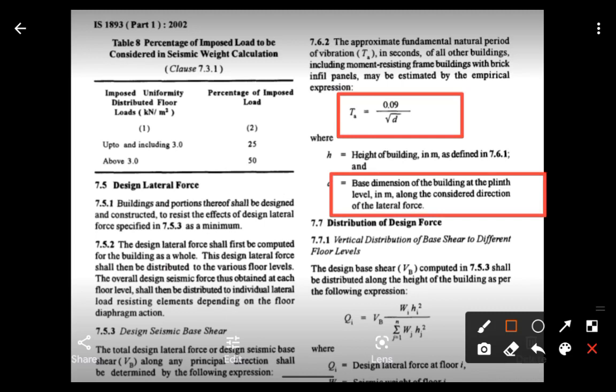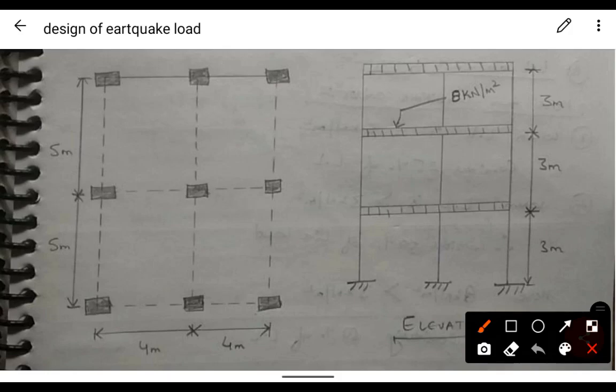As per the plan which I have already shown you in the question, this is the longitudinal direction and this is the lateral direction, and I am considering the force along the lateral direction. So this is the dimension which we are going to take. So D would be 8 meter.